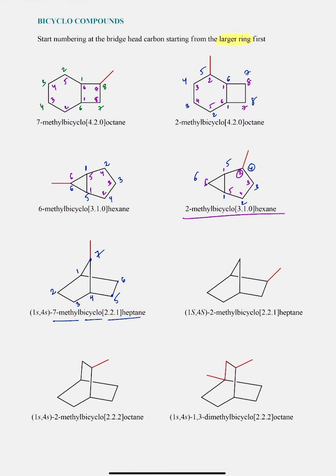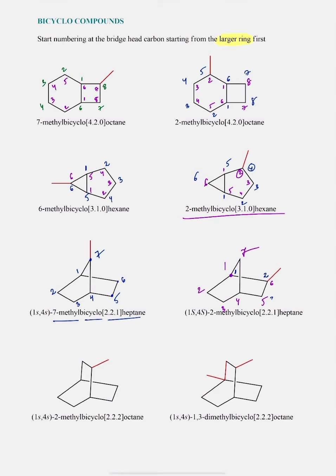What about the next structure? In the next structure, if I start at the bridgehead carbon, come along the big bridge on the left, then go to the right and finish at the top by giving the topmost carbon 7, I get the methyl substituent at position 6. Instead, if I start at the same bridgehead carbon but start numbering from the right, because that too is the biggest bridge, I get 2 for the substituent.